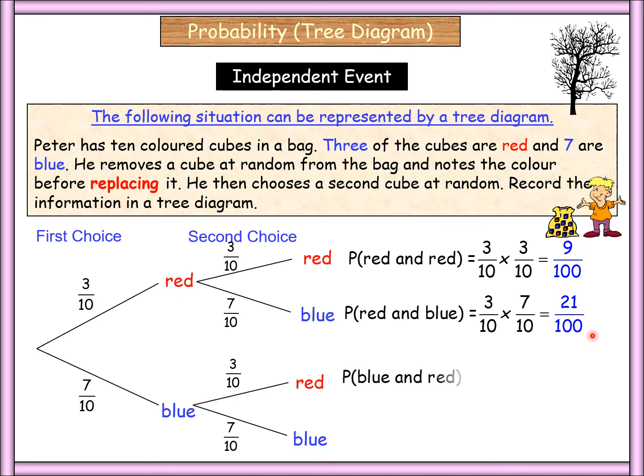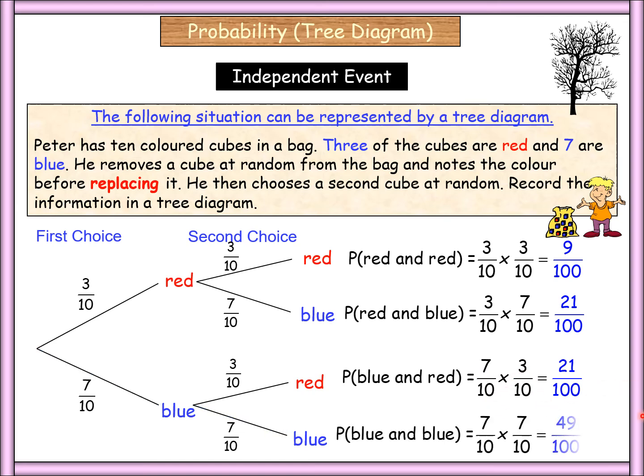And then getting a blue and red, 7 over 10 times 3 over 10, which is equal to 21 over 100. And then getting a blue and a blue, or two blues, 7 over 10 times 7 over 10, it is equal to 49 over 100. If we add these, it is equal to 1 because the sum of the probabilities is always equal to 1.